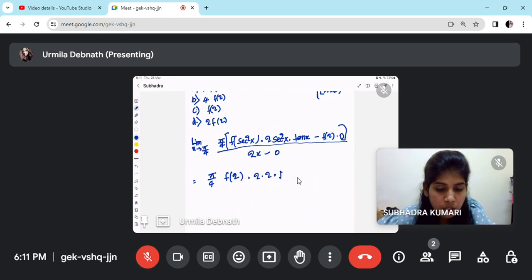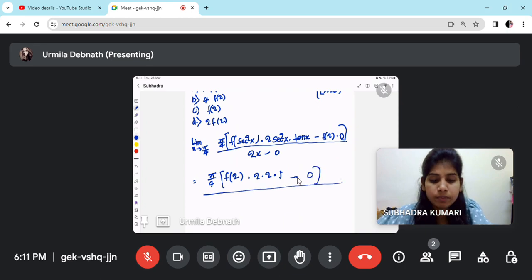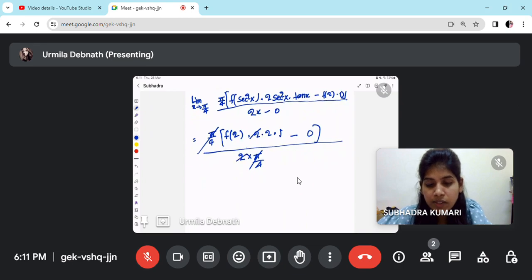And this is 0. So this is 2 into pi by 4. Pi by 4 will cancel out, 2 will cancel out. The final answer is 2 times f of 2. So this is the final answer.